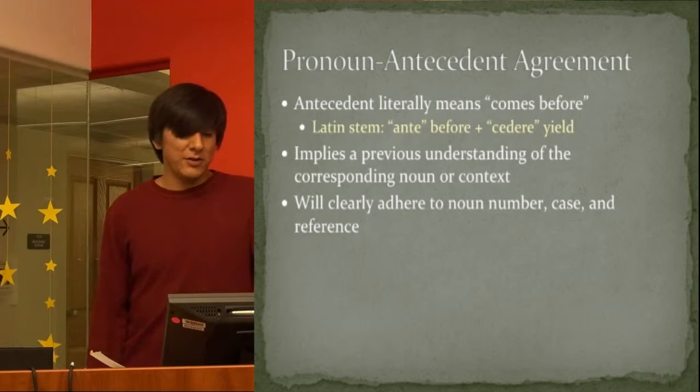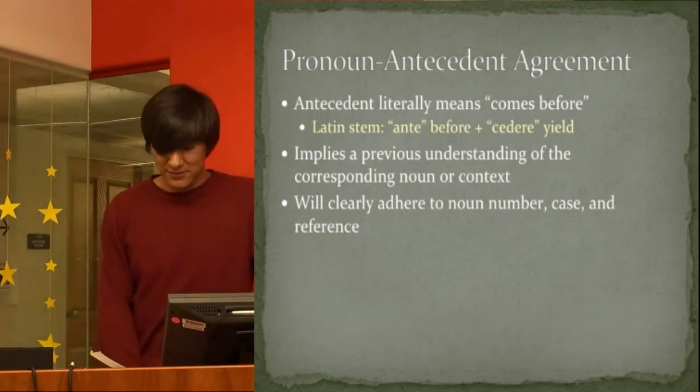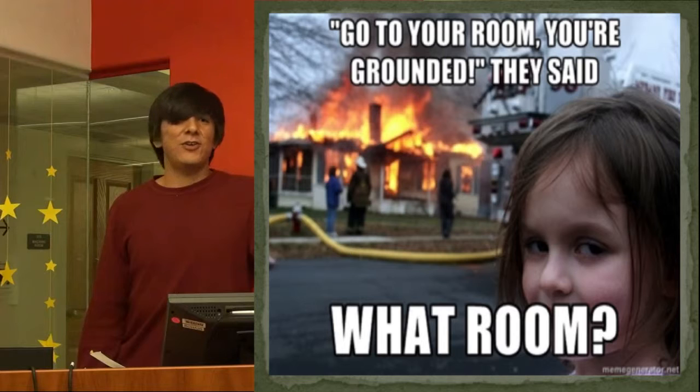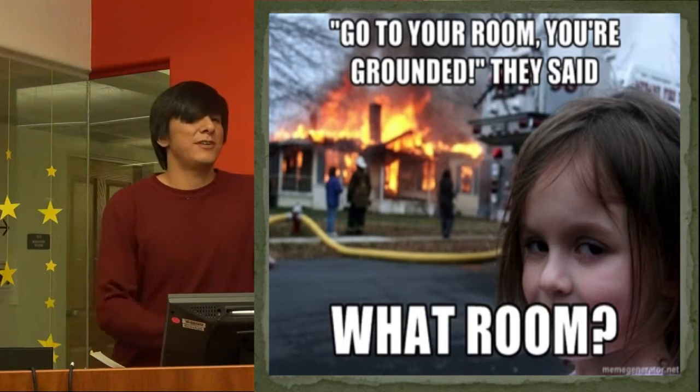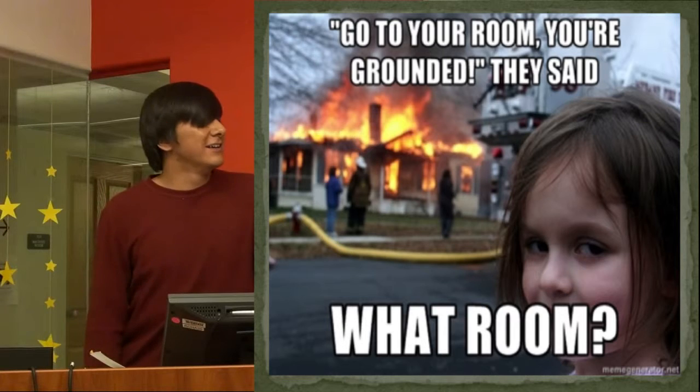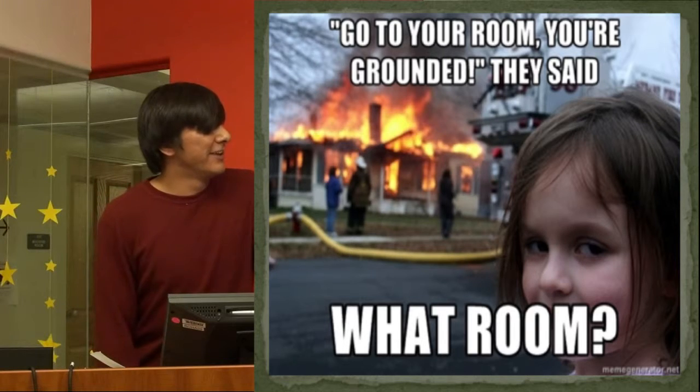The pronoun will also clearly adhere to the noun's number, case, and reference, referring to it appropriately. So if the antecedent doesn't agree or exist, the pronoun refers to something incompletely, as in this meme. What?